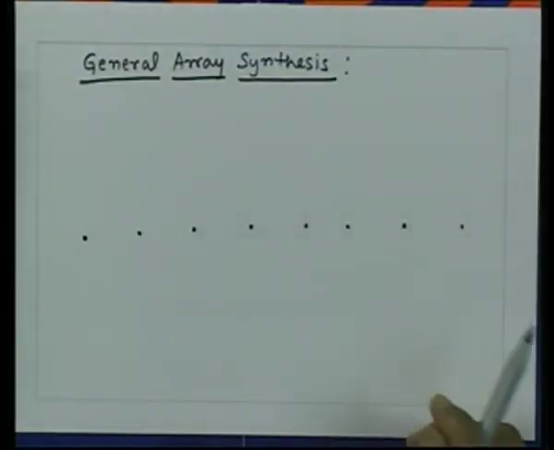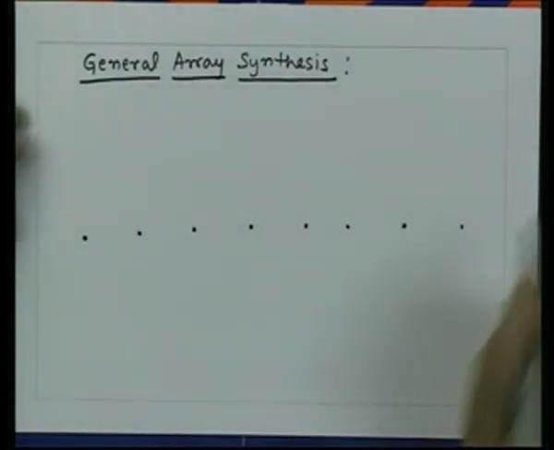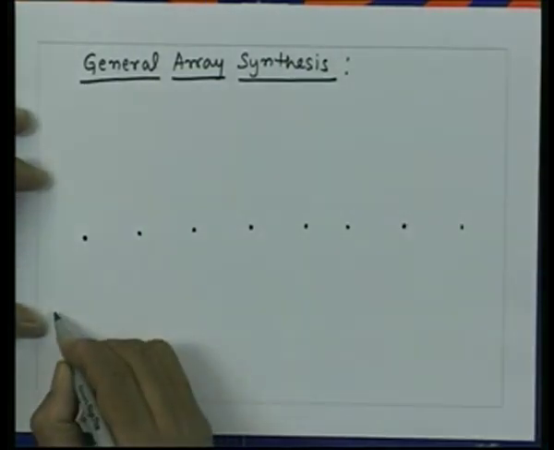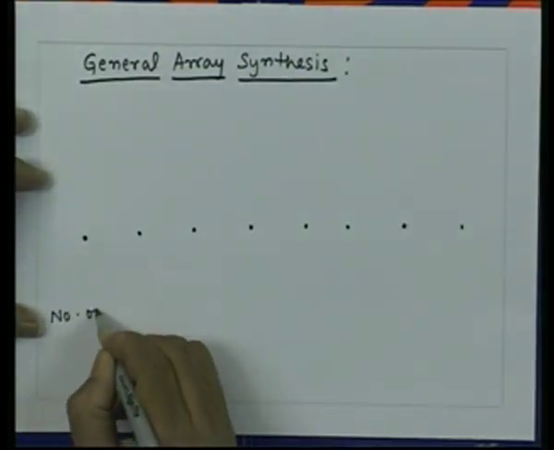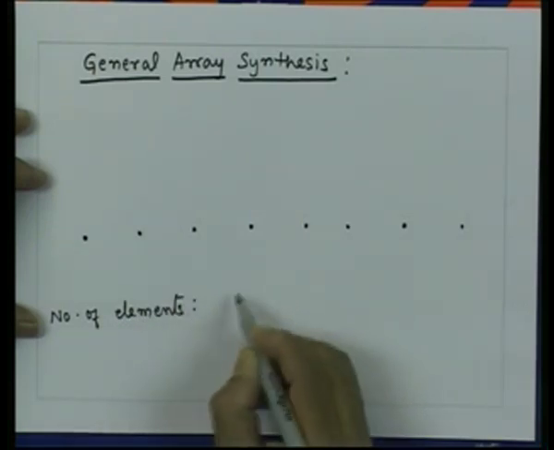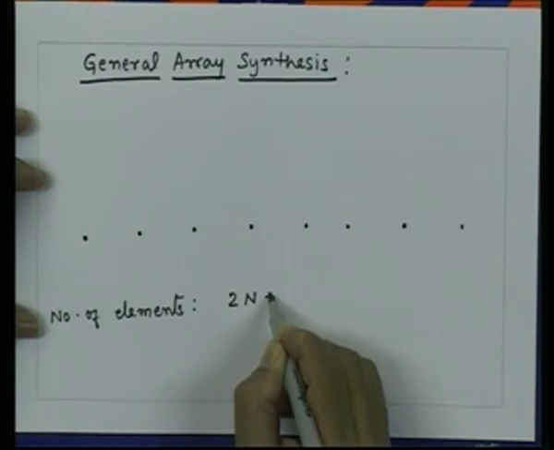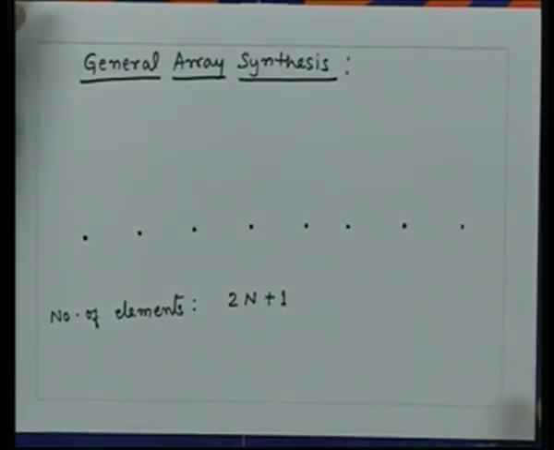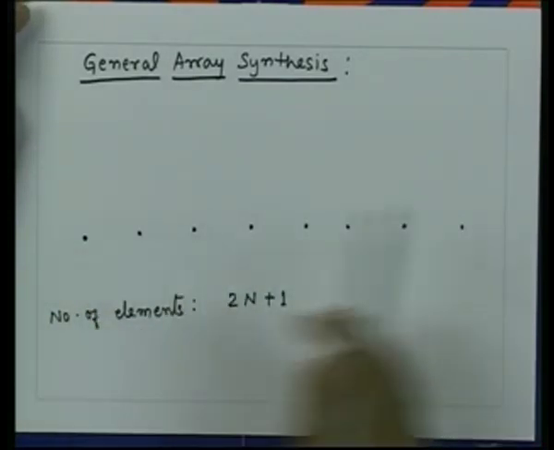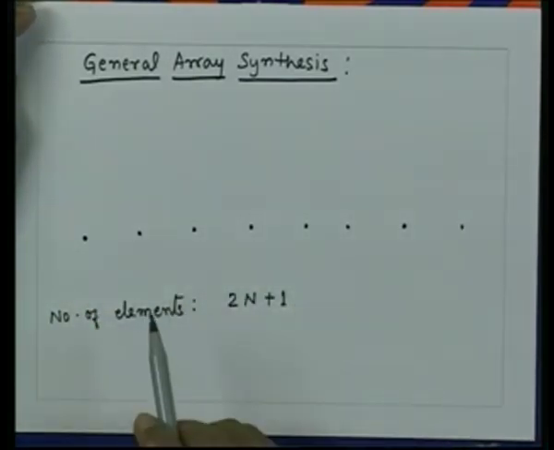So, as far as the array analysis is concerned, we can treat the array element to be isotropic, and let us say there are 2n plus 1 elements in the array. Let us assume that these elements are excited with currents which have conjugate symmetry.